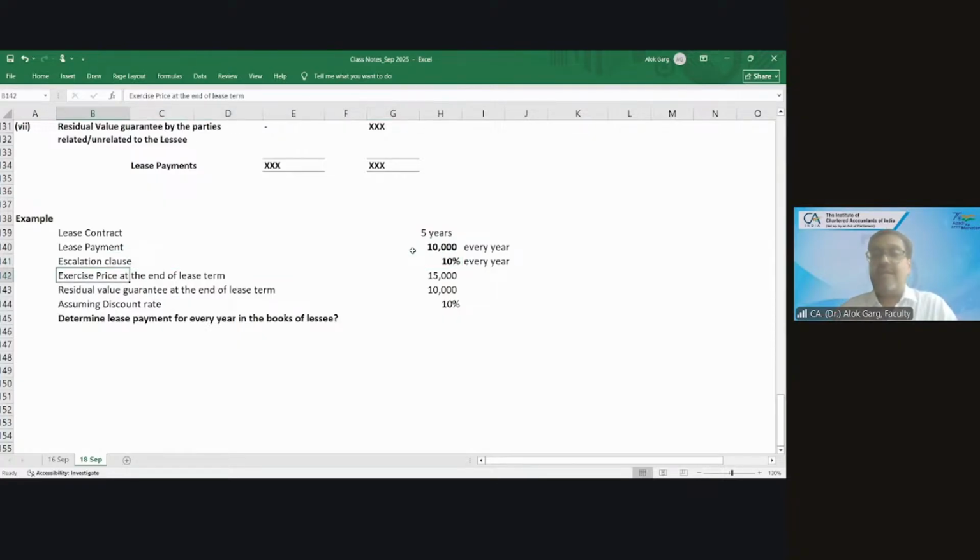Exercise price at the end of the lease term is 15,000 rupees. And residual value guarantee is also given 10,000. Discount rate is 10%. Determine lease payment for every year in the books of lessee, and also compute the ROU asset and lease liability on the commencement date.